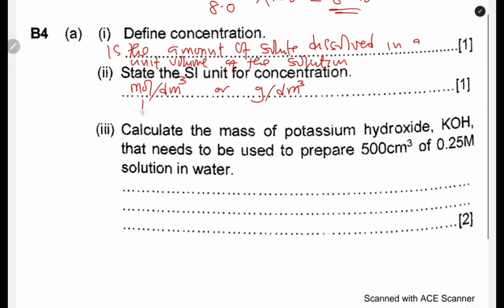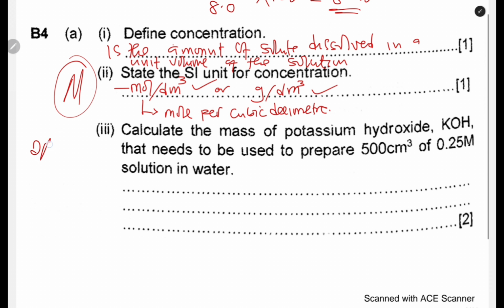If they ask you to write the SI unit in words, you write mole per cubic decimeter. You can use either of these. It is still concentration, just that this one is called molality. So if you find 2m in front, just know that it's mole per decimeter cubed.